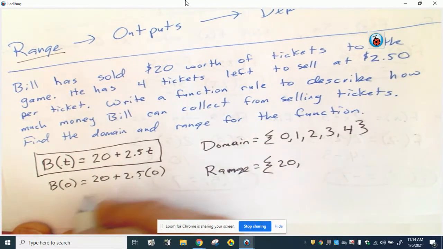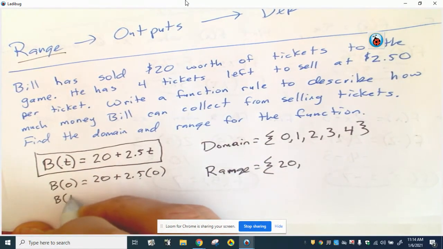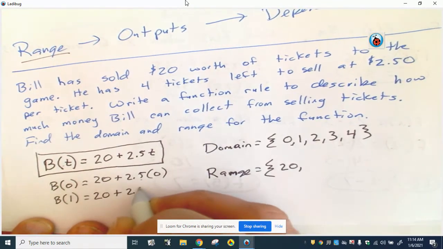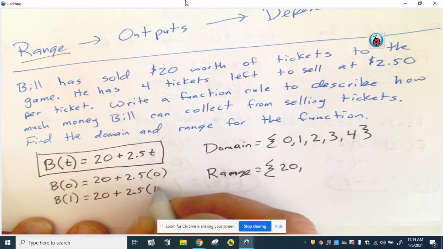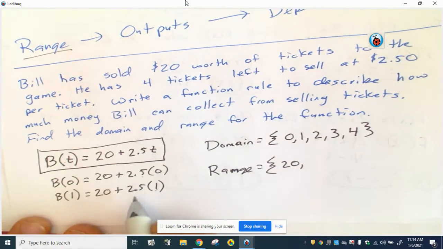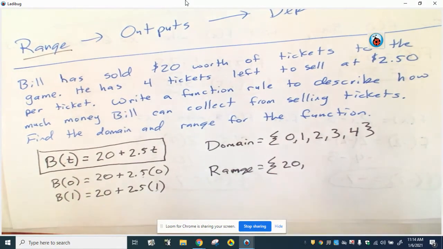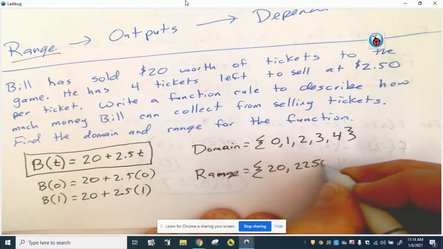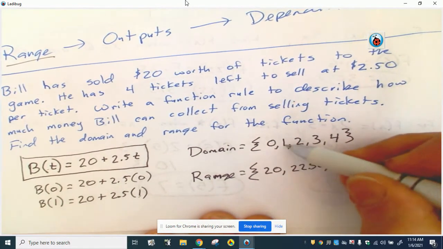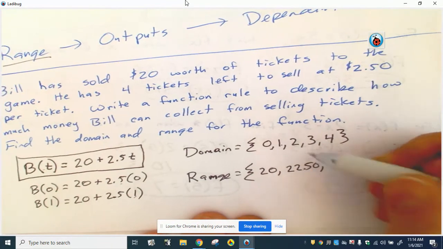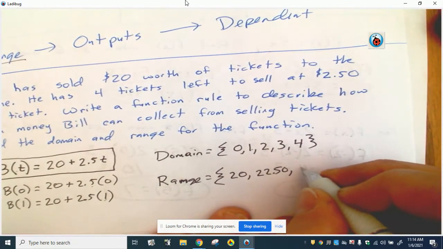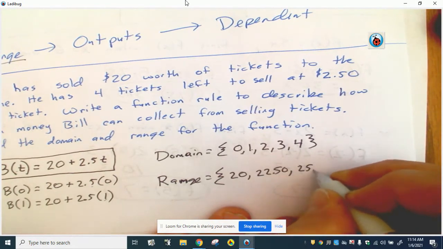If we plug in a 1, B of 1, well, now we're doing 20 plus 2.5 times 1. Well, 2.5 times 1 is 2.50. 2.50 plus 20 is 22.50. So if you plug in a 1, you get 22.50. If he sells 2 tickets, if you add another 2.50, he'd have $25.